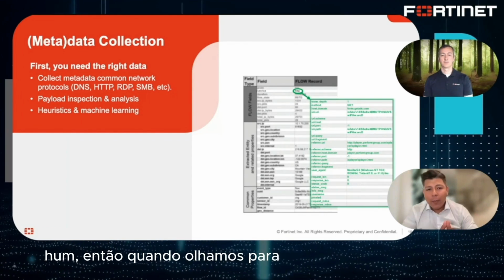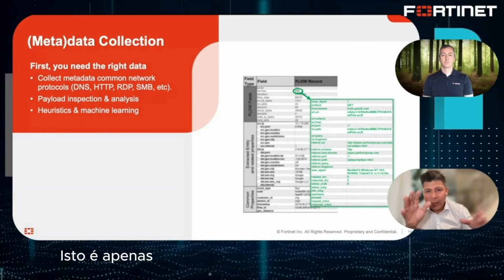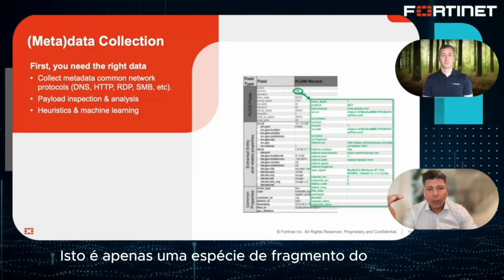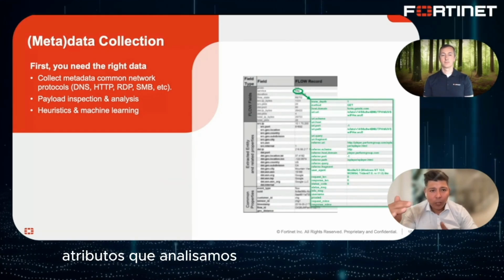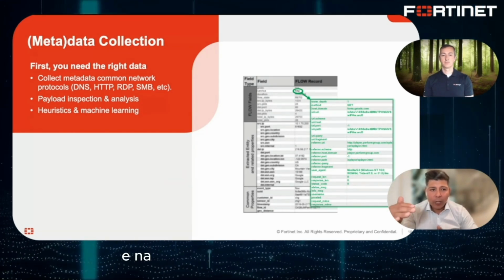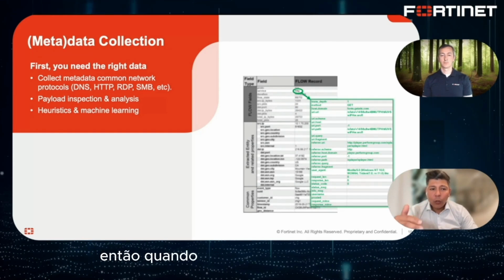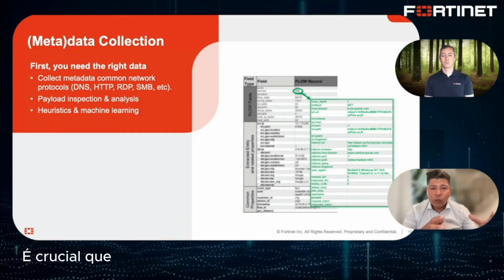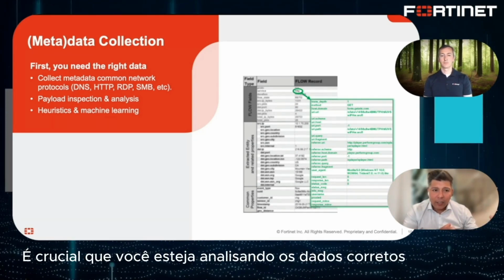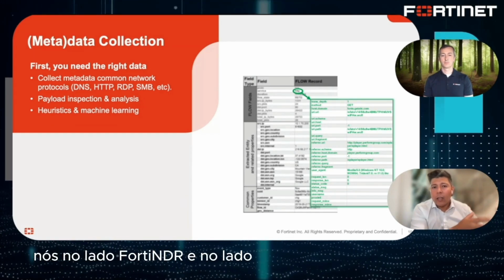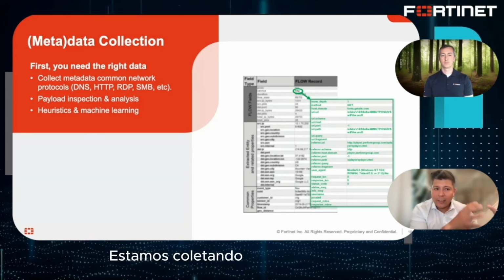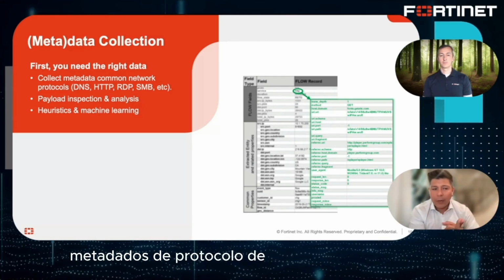So when we look at the metadata, this is just a snippet of, what do you say, Peter, maybe thousands of metadata attributes that we analyze with FortiNDR and in FortiNDR Cloud. It is crucial that you're analyzing the right data. On the FortiNDR side and FortiNDR Cloud side, we are collecting that network metadata from common network protocols.